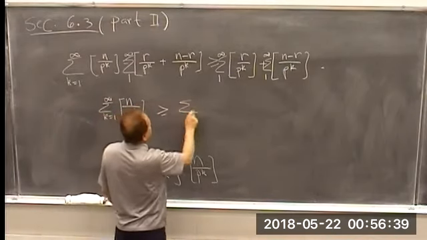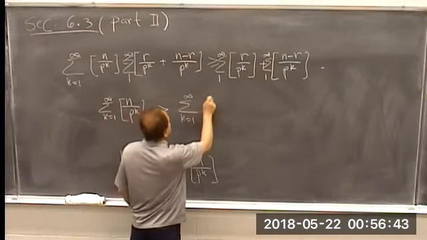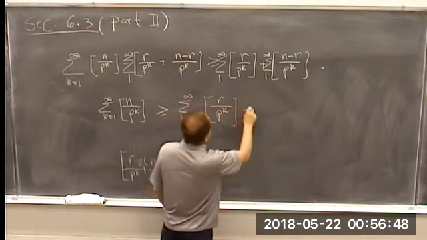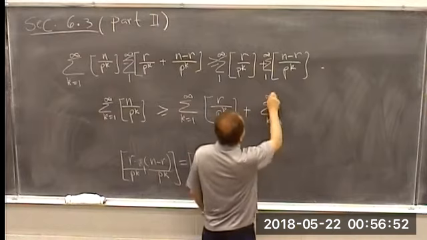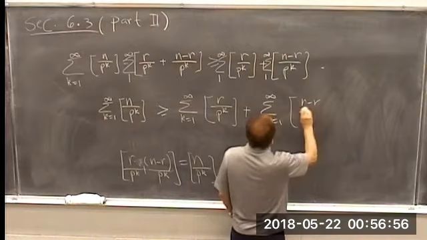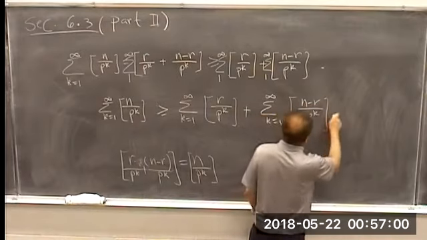It satisfies this property: the sum over k from 1 to infinity of the floor of r over p to the k, plus the sum over k from 1 to infinity of the floor of n minus r over p to the k.